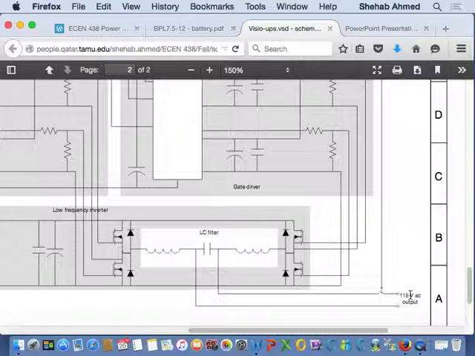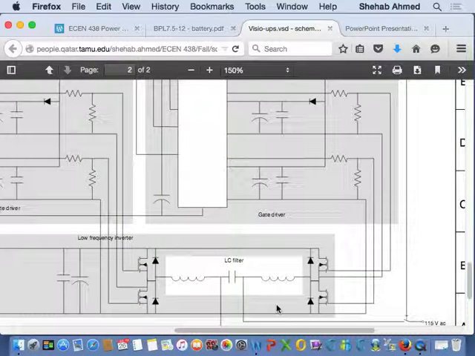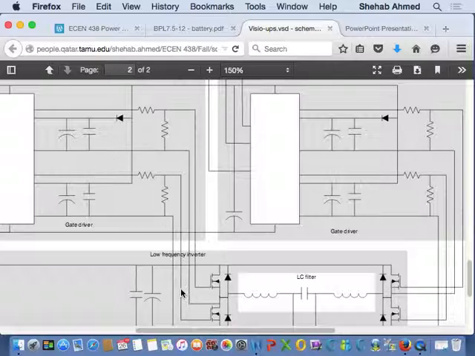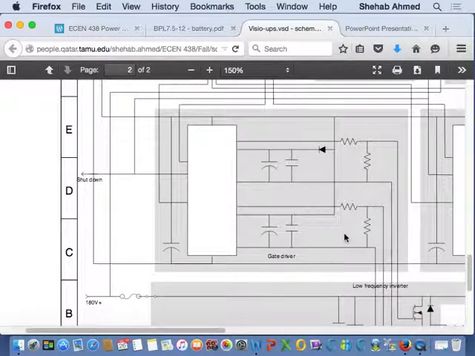Okay? So the rest of the circuits here, we said that all these devices require a means or a circuit to drive them, right? A gate voltage, a gate to source type voltage. So some of these circuits are the gate drive circuits. So there will be a big bunch of the circuits that we have on the board.